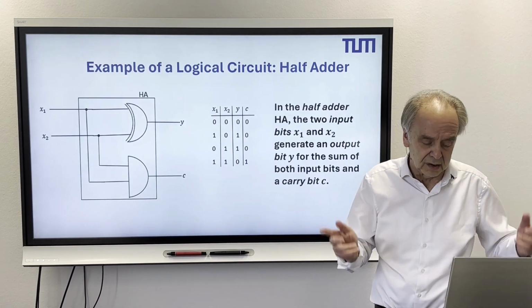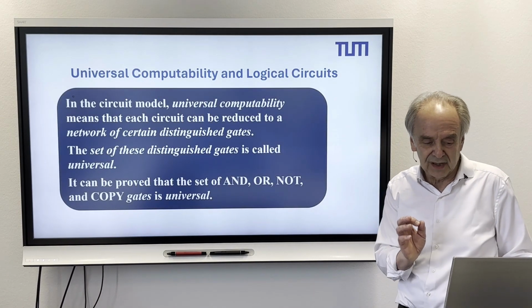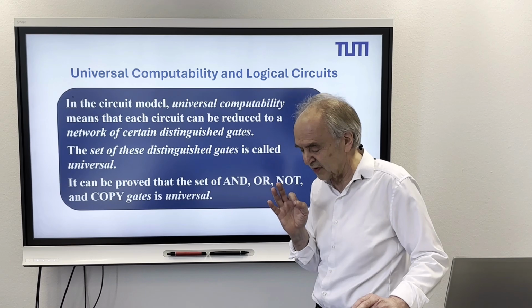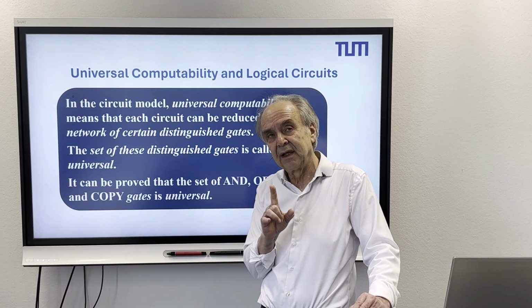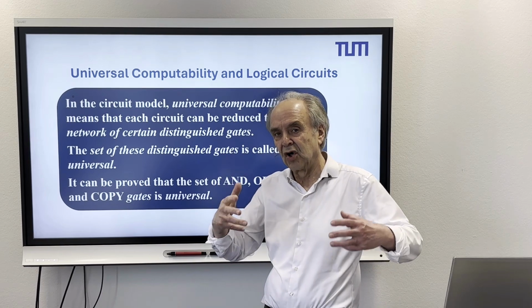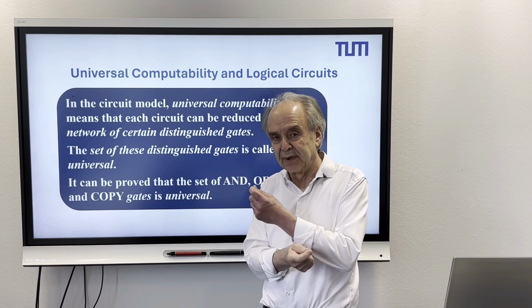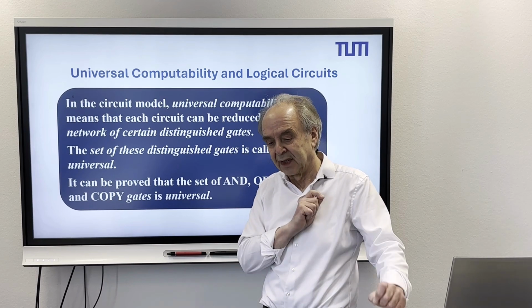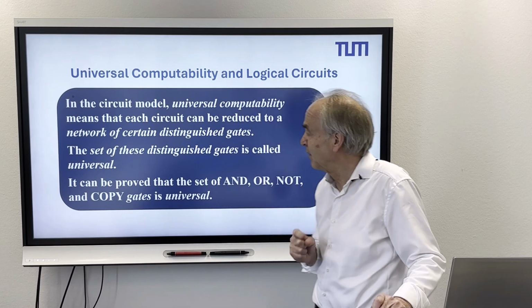And then you can go on and connect a lot of gates. The point is here that in logic, in classical logic, it is well known that we can generate more complex formulas by combining these gates, and that can also be realized technically.